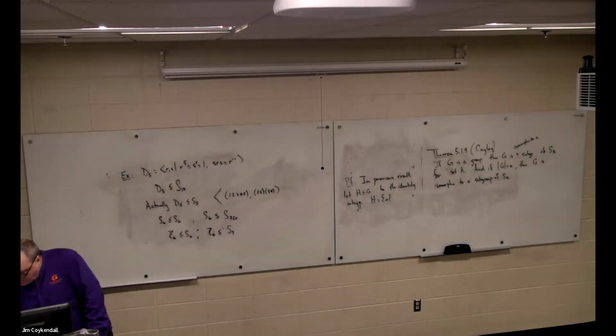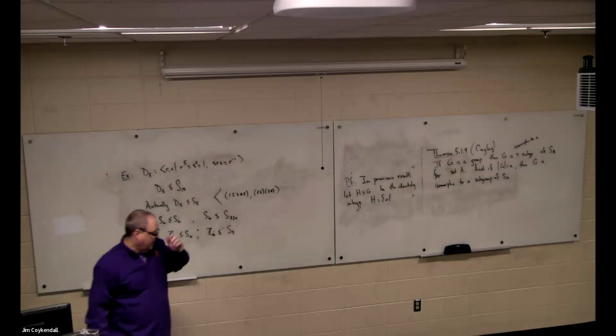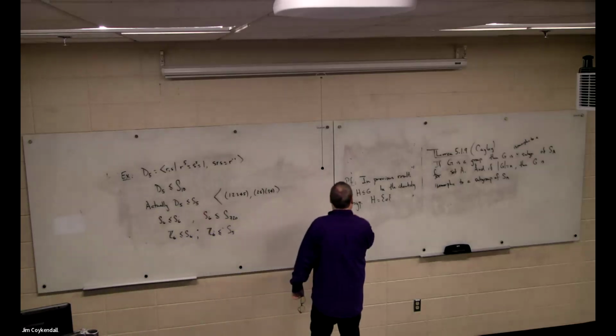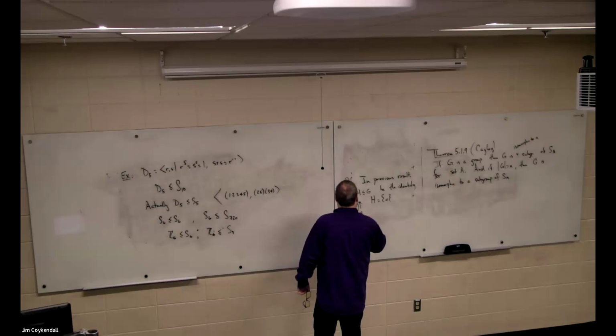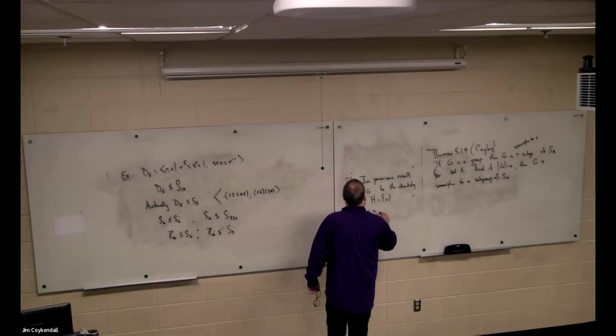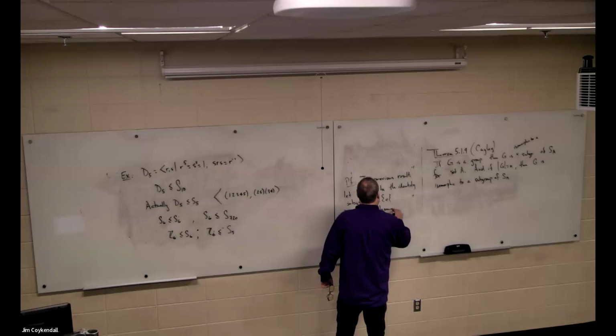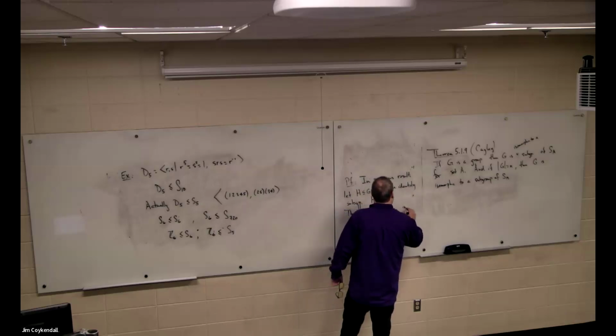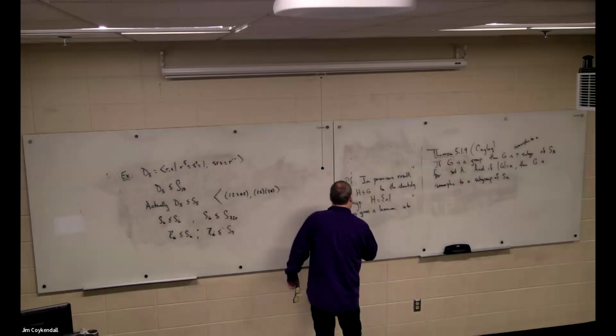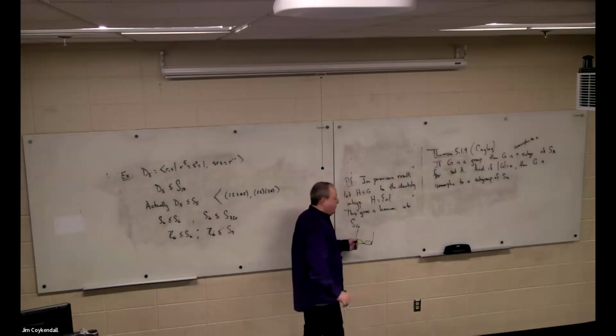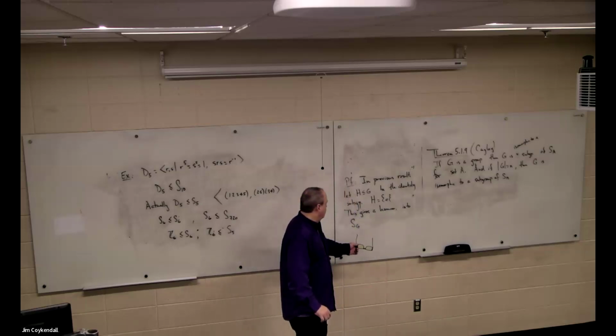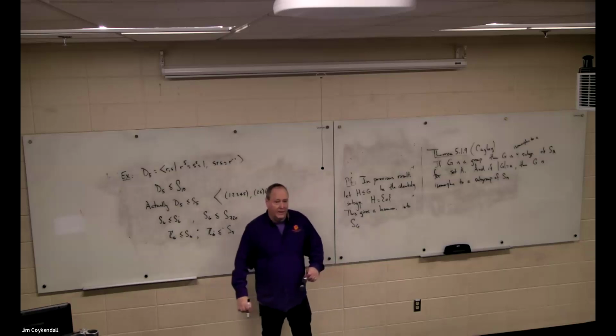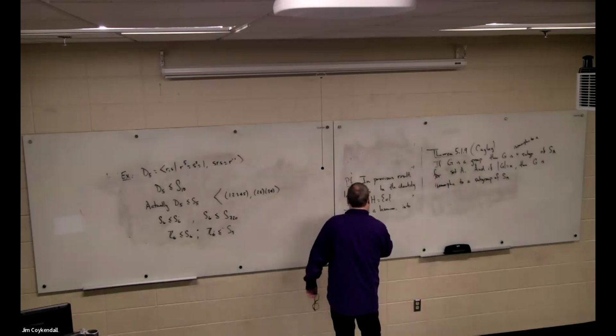This gives a homomorphism into S_G. Here I'm thinking of the group G as just a set, right? The permutations of this with trivial kernel.